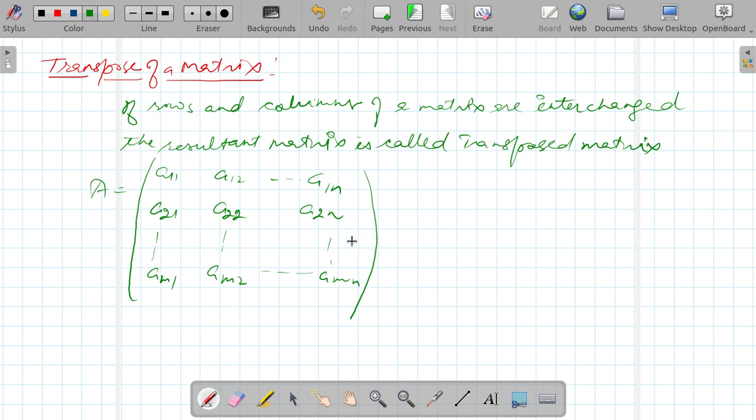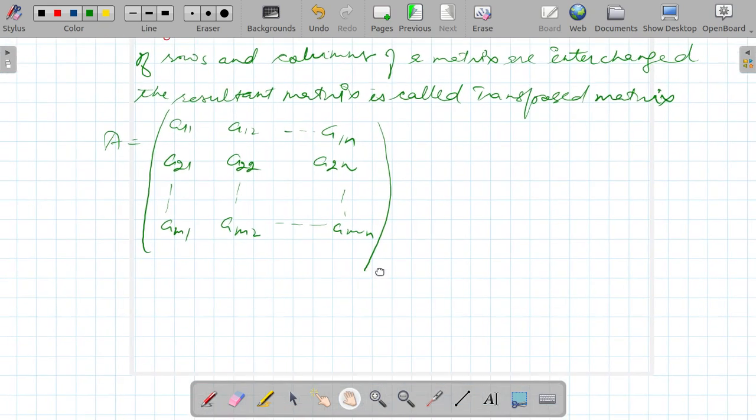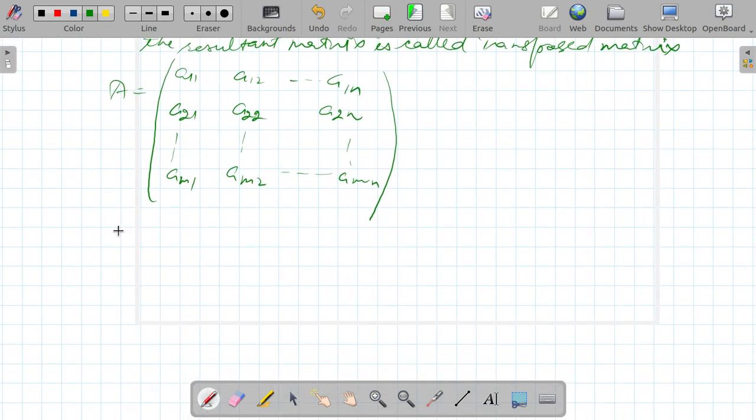Then its transpose is defined either with A T or A prime or A tilde. It is A11, A21, and so on, AM1. Its transpose means I have to exchange the rows and the columns. So in place of rows, I have to write down the columns.